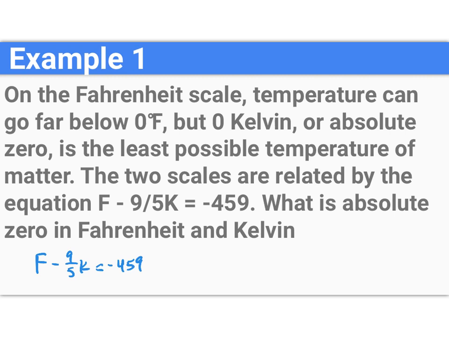So for Fahrenheit, we put 0 in for Kelvin. So this is like finding the intercepts. So absolute zero on the Fahrenheit scale is negative 459 degrees.